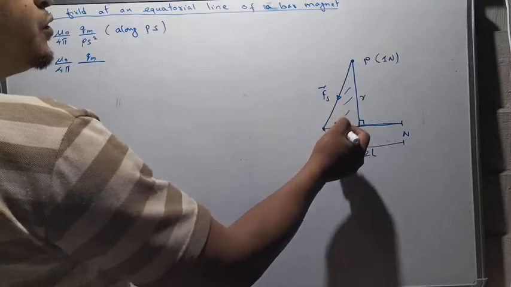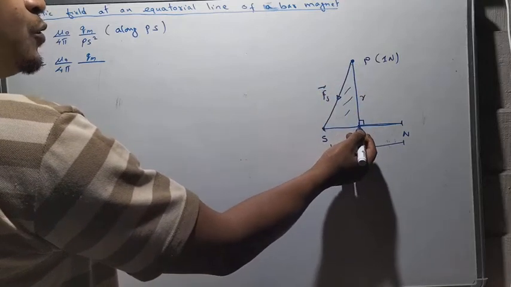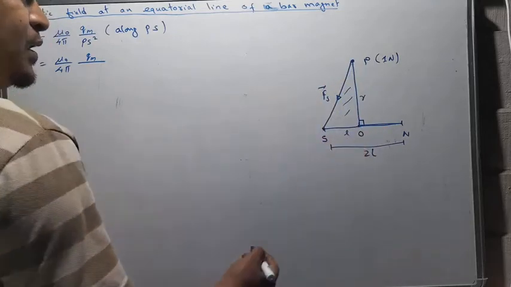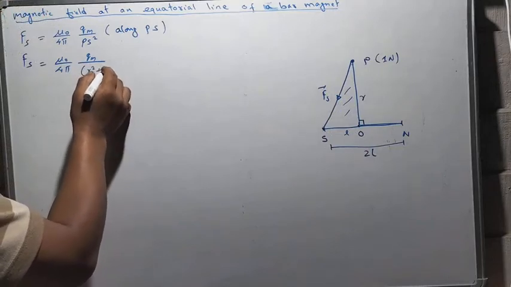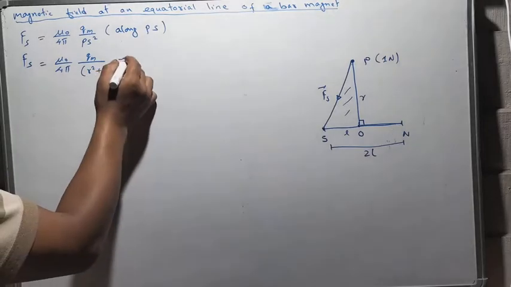Because this is a right angle triangle, PS square means SO square plus OP square. But SO is equal to l, so I will write it as r square plus l square. So this is my equation 1.